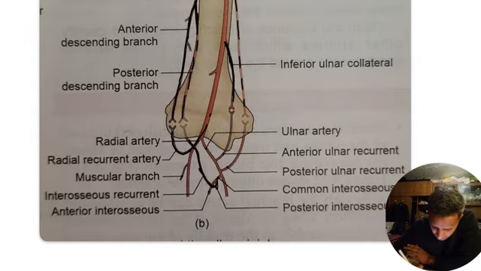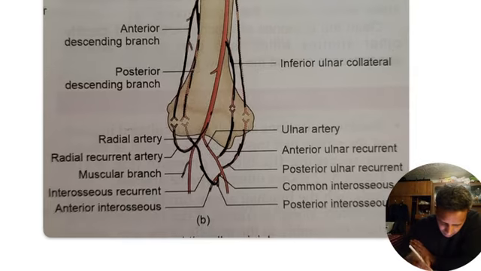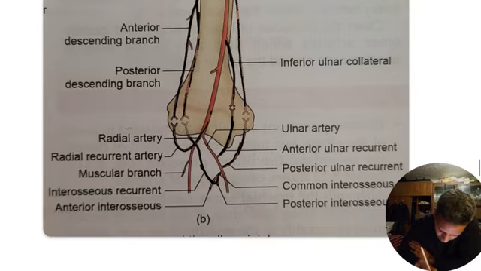As we go down, the superior ulnar collateral is joining your posterior ulnar recurrent, and your inferior is joining the anterior branch, right? And this is your common interosseous. So the common interosseous recurrent is joining your posterior descending, and your anterior descending is anastomosing with your radial recurrent.